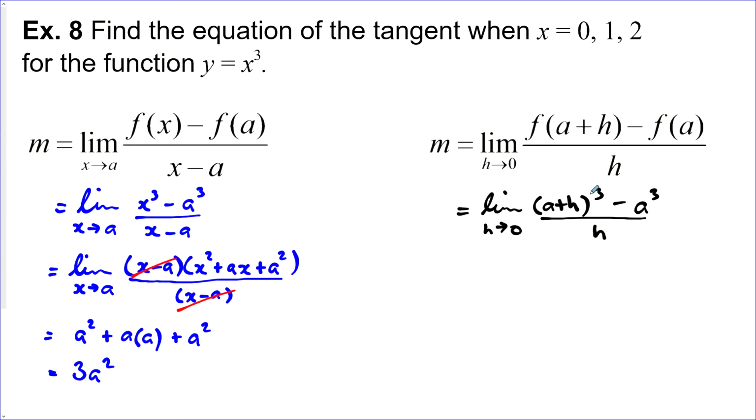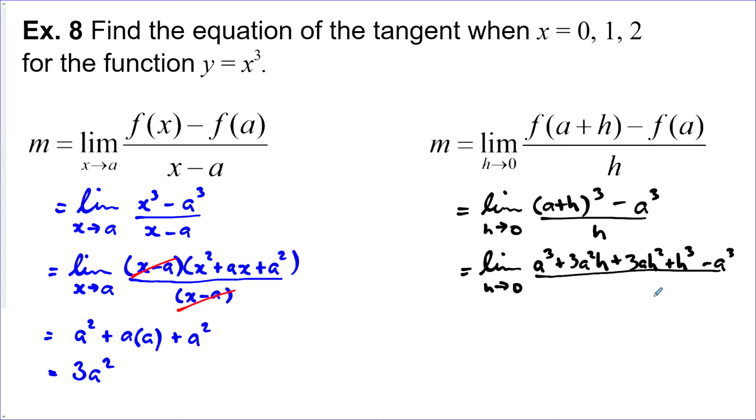We need to expand this out, and we'll probably use the binomial theorem for that so that we don't have to do any work. So this one would be 1a cubed plus 3a squared h plus 3a h squared plus h cubed, and then the minus a cubed, all over h.